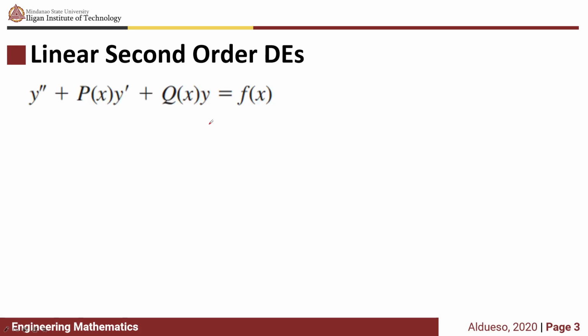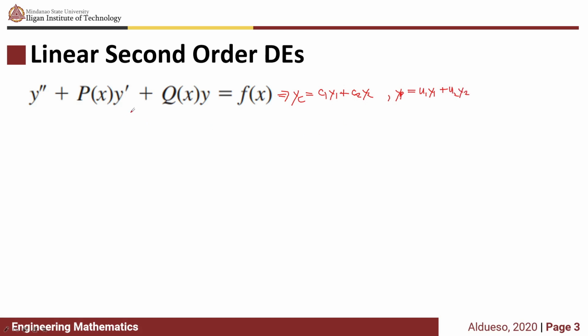Now for a linear second order differential equation, if we have this form, the complementary solution yc is equal to c1 y1 plus c2 y2. So for our particular solution, replacing c1 and c2, we have u1 y1 plus u2 y2.